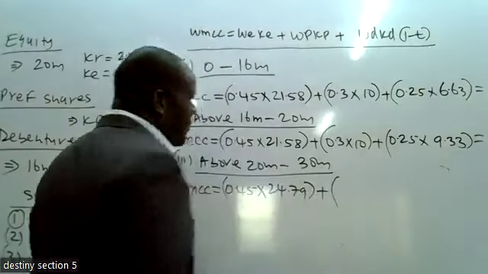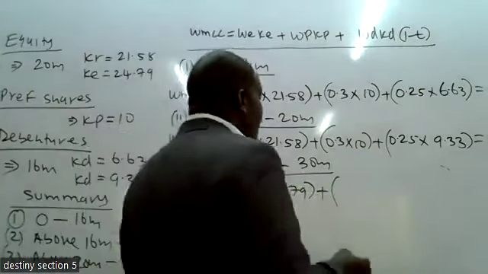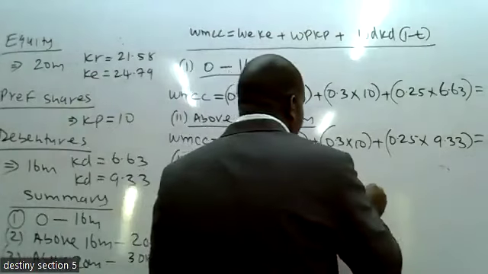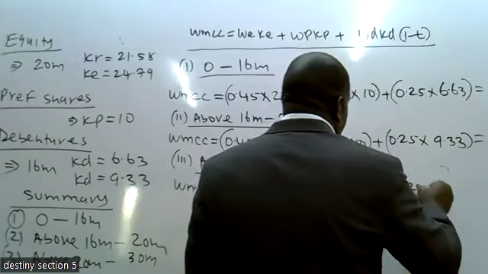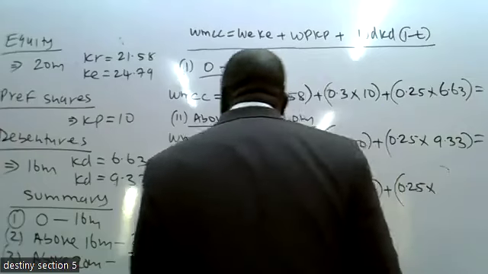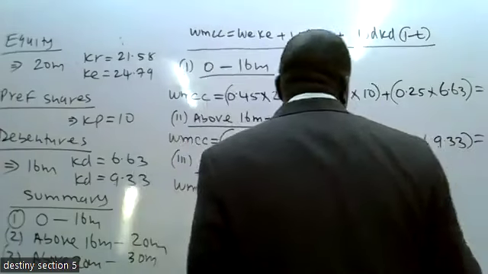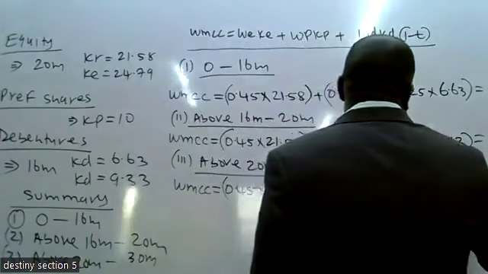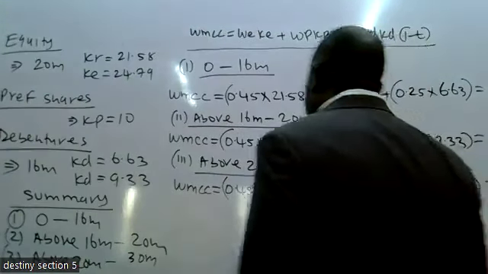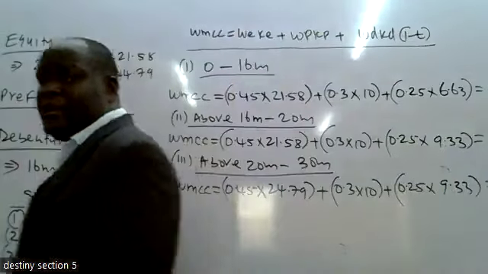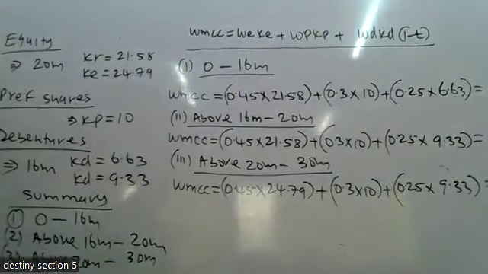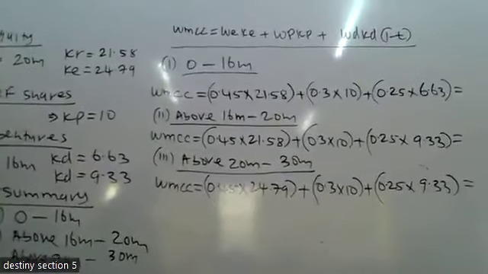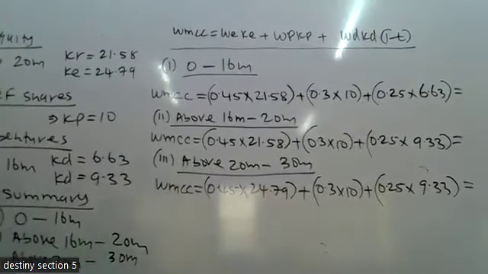So there was no breakpoint for the preference share to apply. So anything above 16, this one we use 9.33. So that is what we should be able to come up with respect to that question.